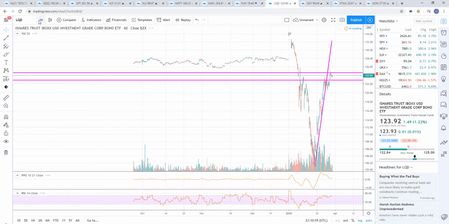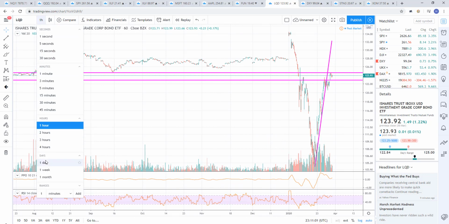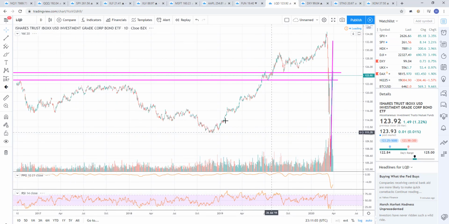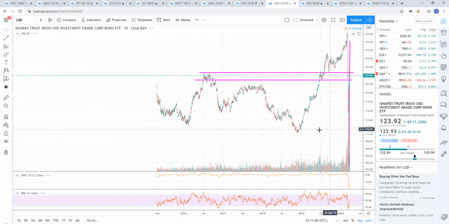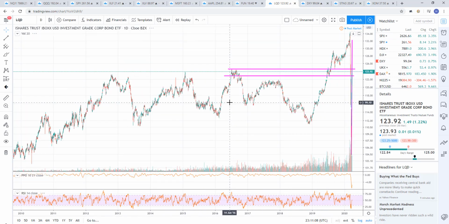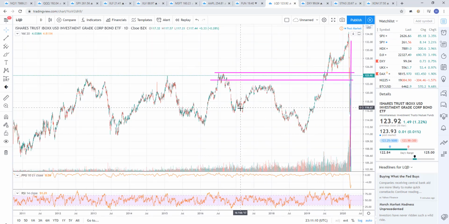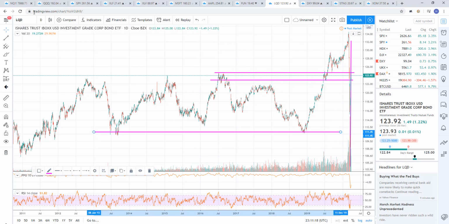The bonds back in 2018, this is investment grade corporate debt. Back in October of 2018, I'll show you here, it didn't really break any kind of trend. Here it is right here. You've got this sideways plateau that these corporate bonds were chopping around in.